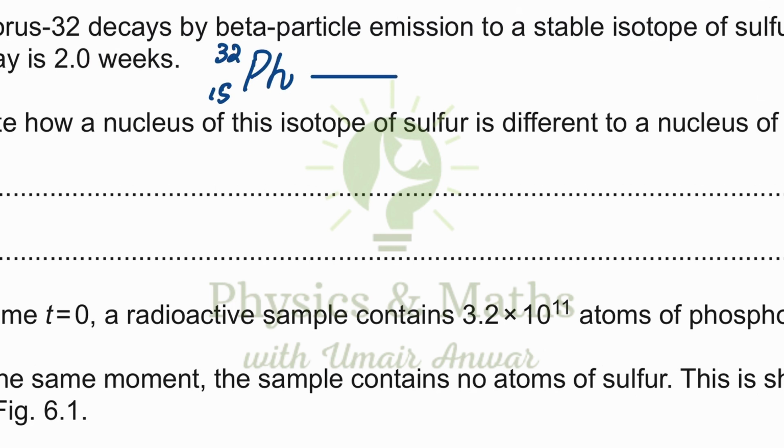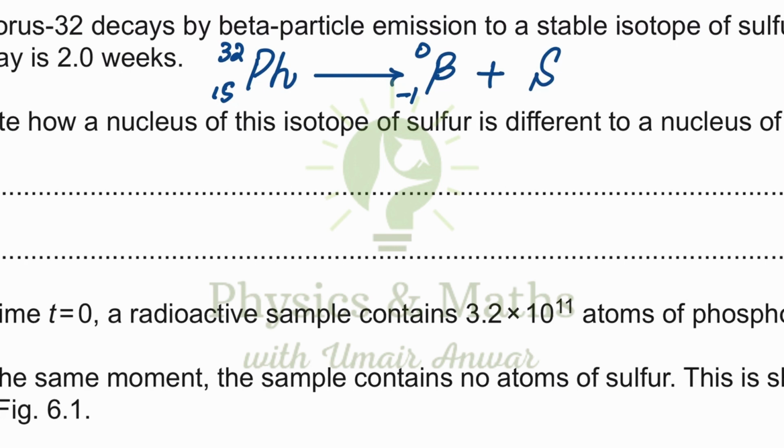And when this would emit a beta particle, beta has a charge number of -1 and mass number of 0. Since its mass is negligible and it has a negative charge, a new element sulfur would be formed. Now, as in all beta decays, the proton number would raise by 1. So it would become 16 and the mass number would remain the same. So it would be 32.